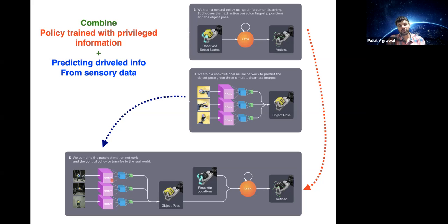So this is one example where simulators have some more information that we can utilize to train RL policies, and then separately train some subsystem which can estimate that privileged information in the real world, as opposed to maybe directly feeding in images and fingertip locations and then trying to predict actions. That is much more challenging than breaking up the problem in this particular way.